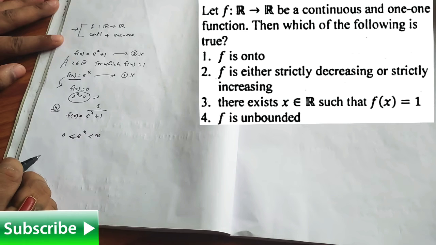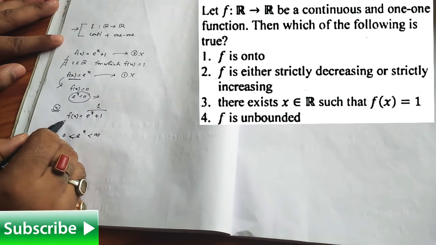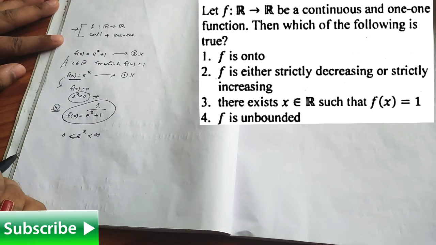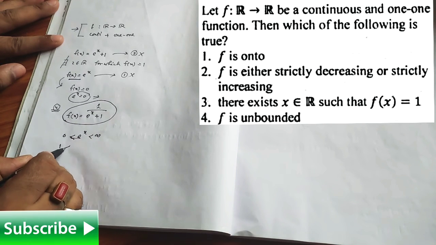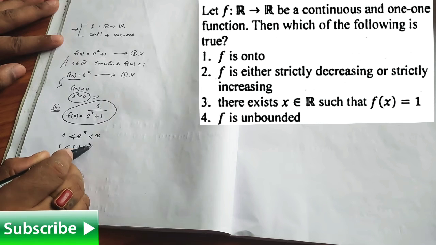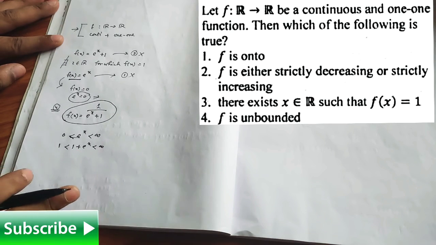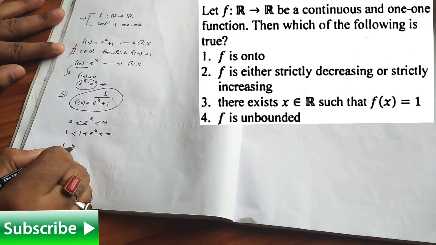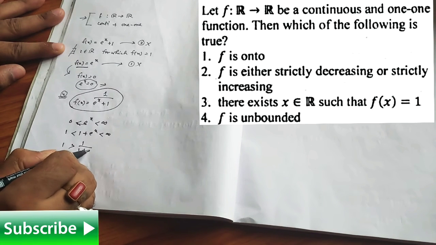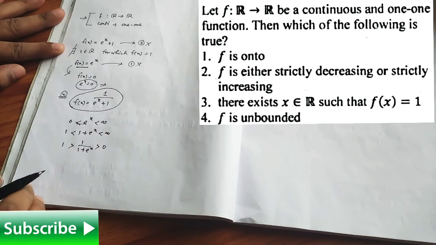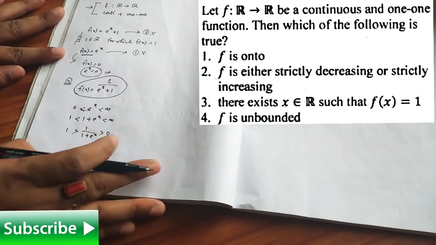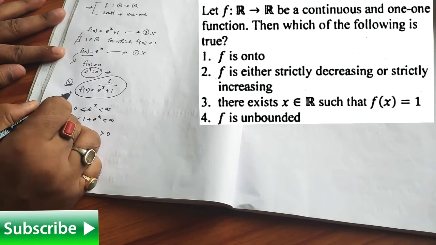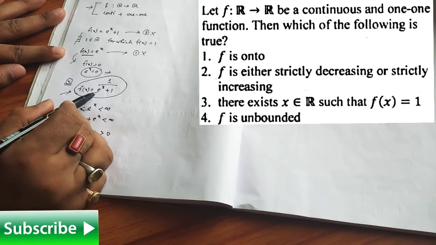So just construct the function this way, f(x) is equal to 1 by e to the power x plus 1. Now just take the reciprocal and you will have e to the power x.